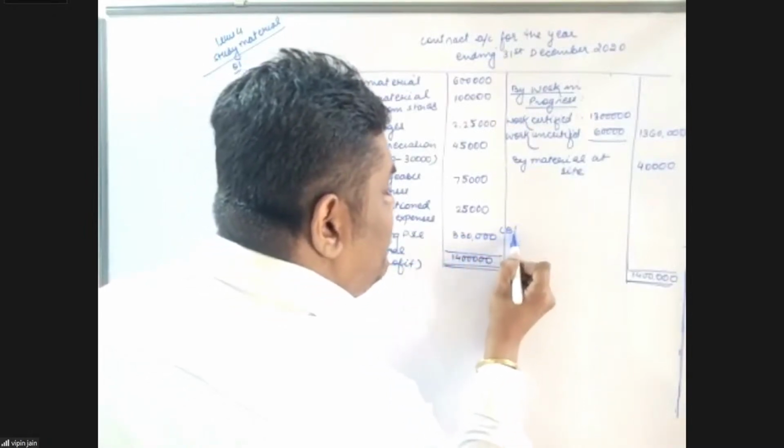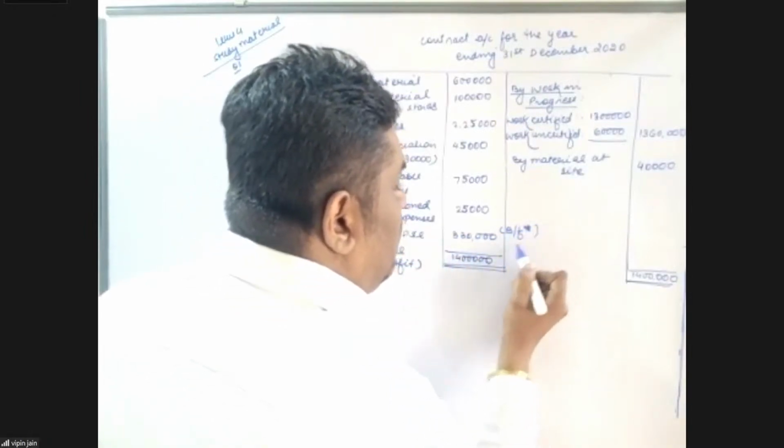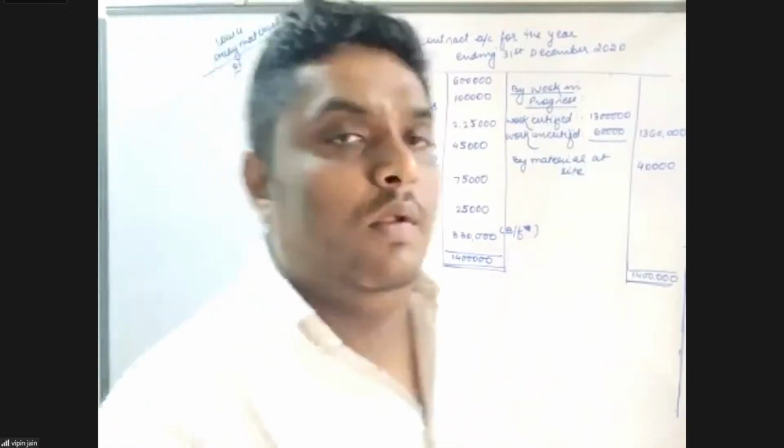This is the balancing figure. So this is how the contract account is to be prepared.